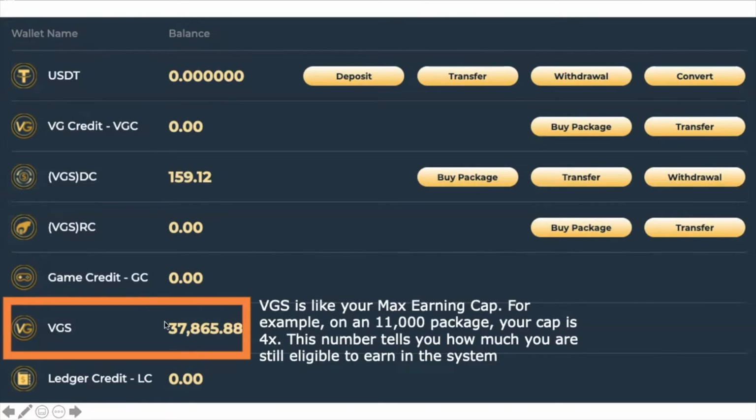If this number started at 40,000 and now it's at 38,865, that person has earned about 2,135 in the back office already. Another way I like to look at it is that for every +1 in the dividend credit wallet, it'll go -1 in the VGS wallet. So that wallet is just gradually going down to zero. Every time you make any profits, this wallet will go lower and lower towards zero.